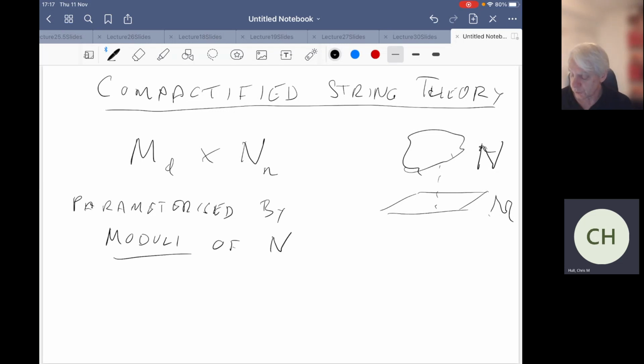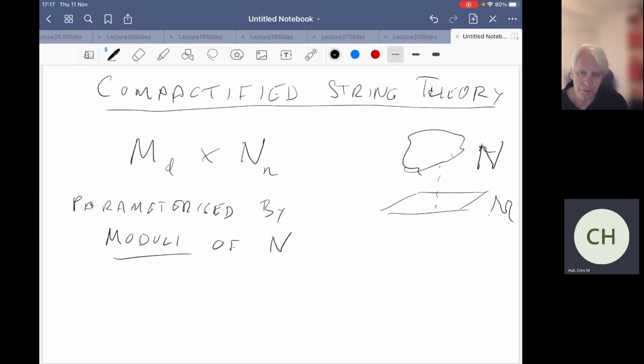So these are the parameters which determine the structure here. So for example, if n was a circle, the modulus would be the radius of the circle. If it was a torus, there'd be radii for each of the circles and the angles between the circles. If it was a sphere, there would be the radius of the sphere, and so on.